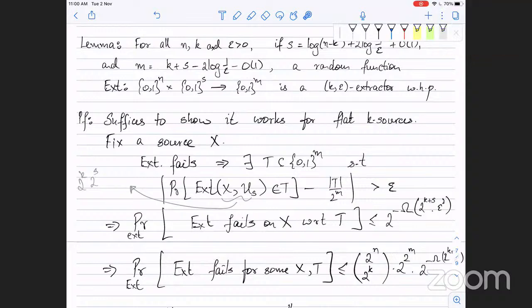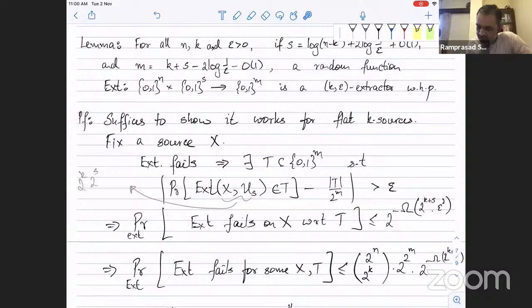Yeah. Okay. So we are basically saying that I would like this fraction to be size of T by 2 power m. But what is the chance that you deviate from this fraction by more than epsilon?